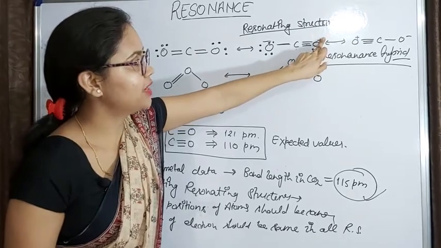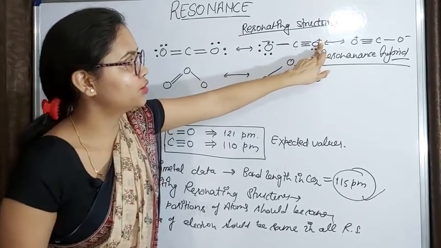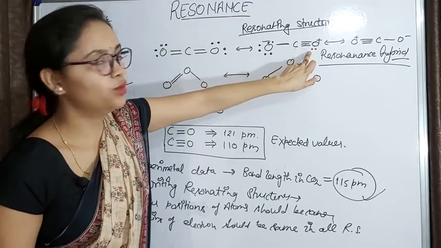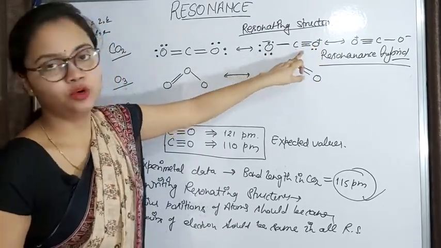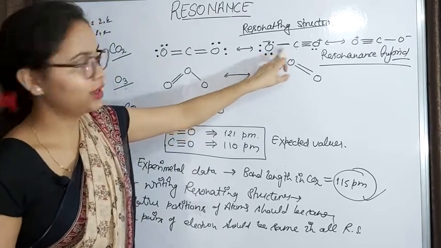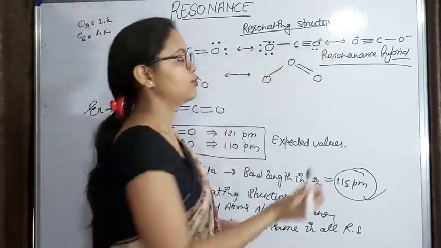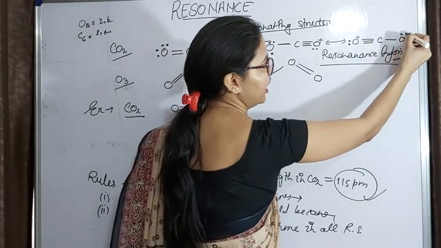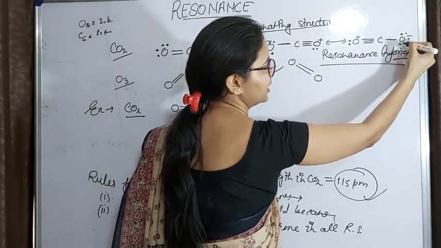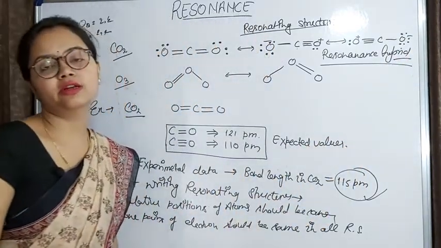But as it has a positive charge, we have to remove one electron also. So this oxygen will have only one lone pair of electrons. So you can see here that the total number of lone pairs of electrons is 4 again. Like this molecule, in this molecule too, O positive will have only one pair and O negative will have 3 pairs. So you can see here that the number of lone pairs of electrons is the same.